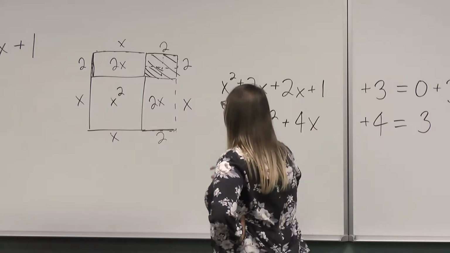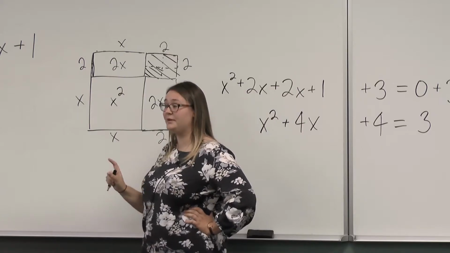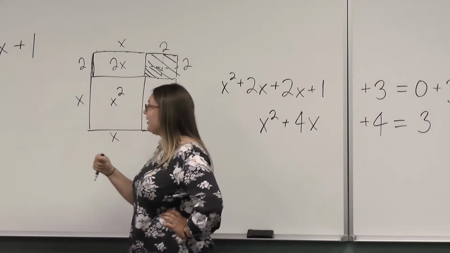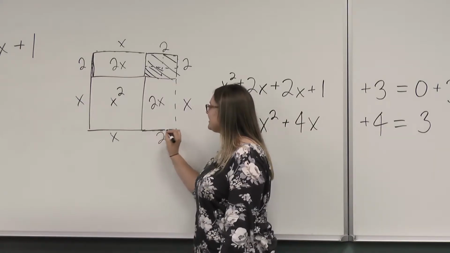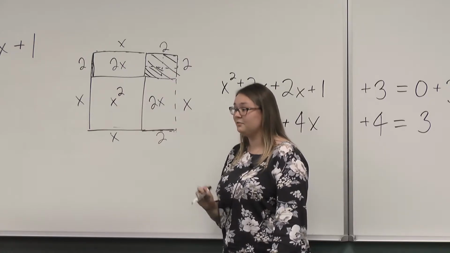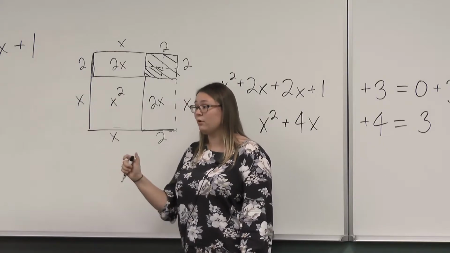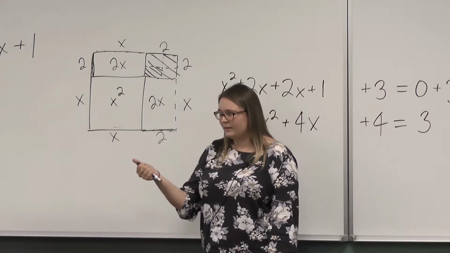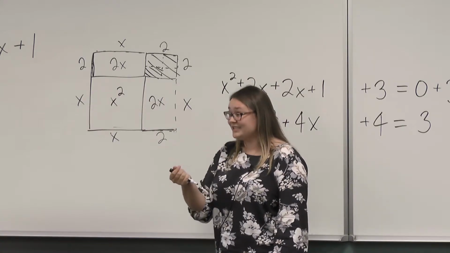So you're saying that because we have 2 and x over here and 2 and x on this side length, that it'd be 2x squared. Okay, you were very close. So what's happening down here with these side lengths? Right. So when they're being added together, are we going to be multiplying them or are we going to be adding them? Perfect. So looking at it that way, you were close.